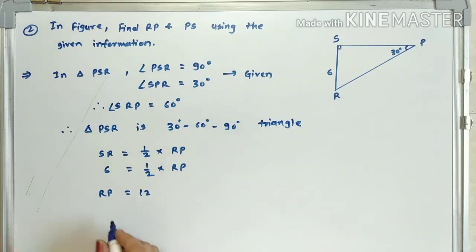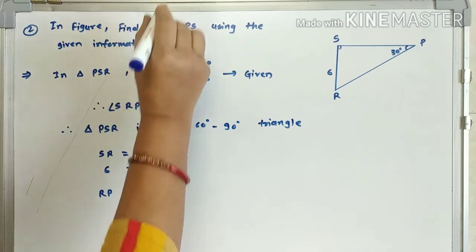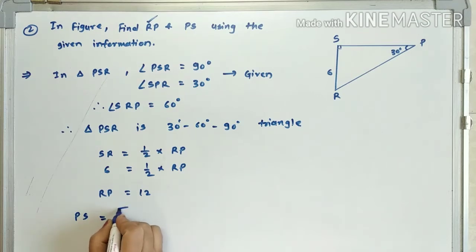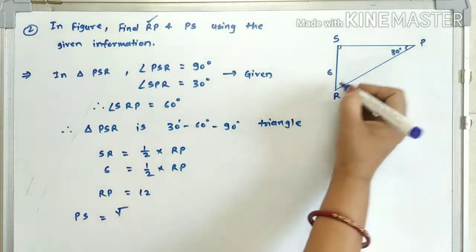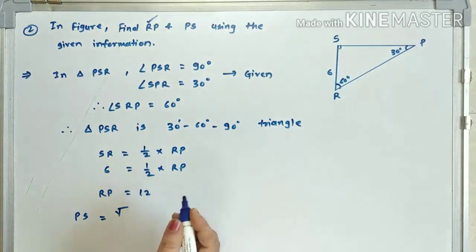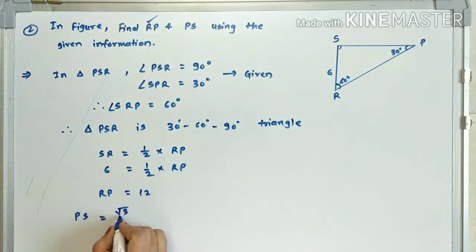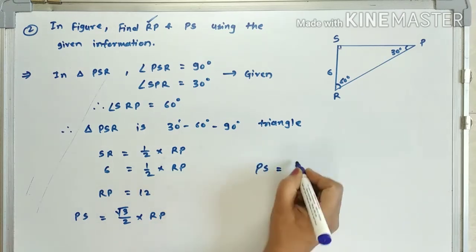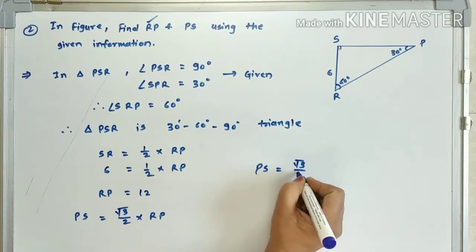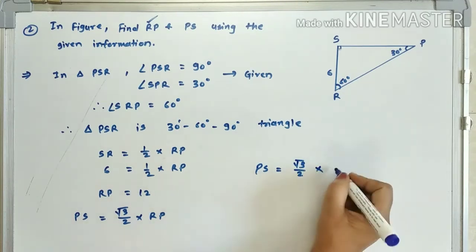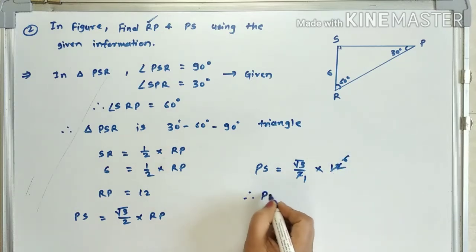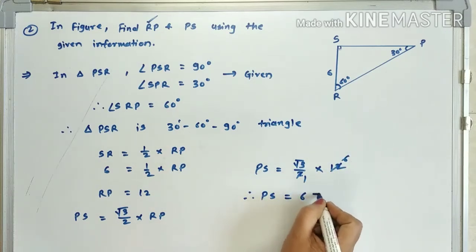Now PS is opposite to the angle of 60 degrees. So PS equals root 3 by 2 into RP, which is 12. Two sixes are 6. Therefore, PS equals 6 root 3.